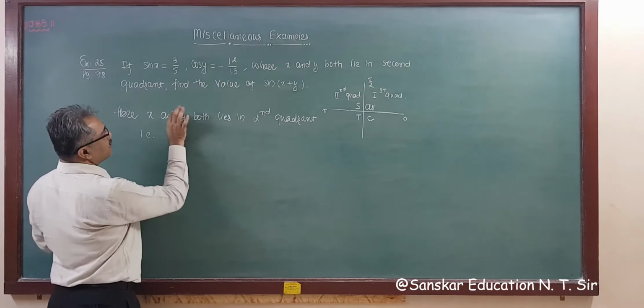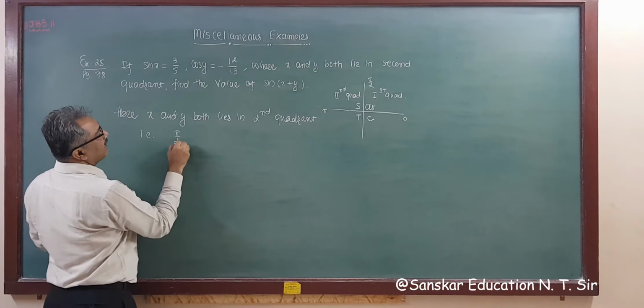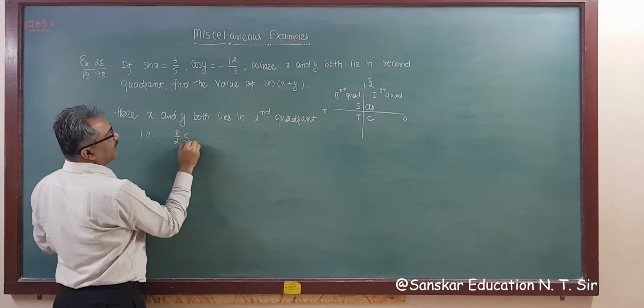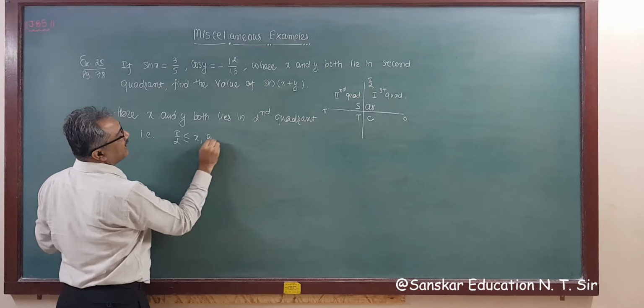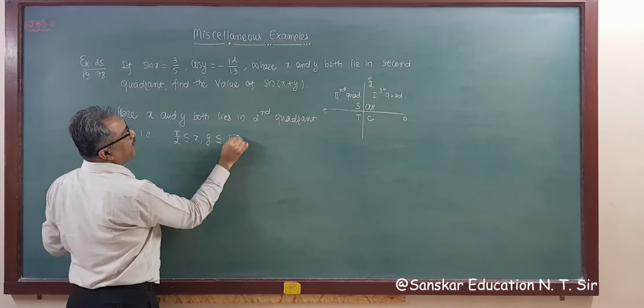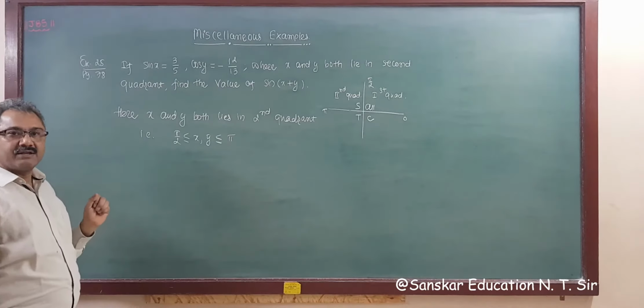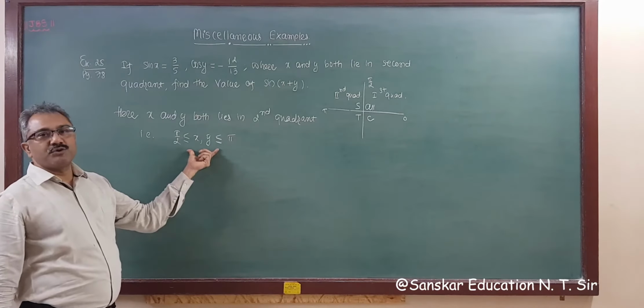So pi by 2 is less than or equal to x, y, which is less than or equal to pi, right? So x lies between pi by 2 and pi.